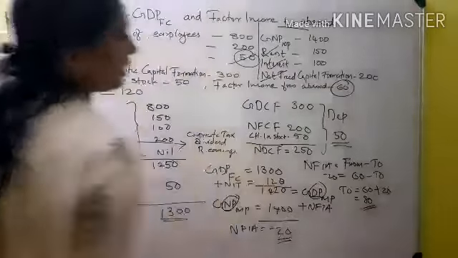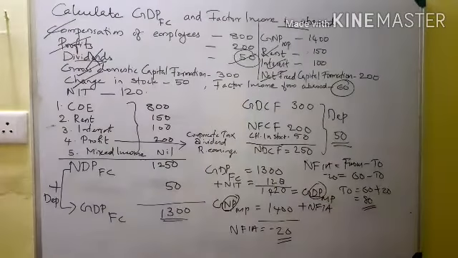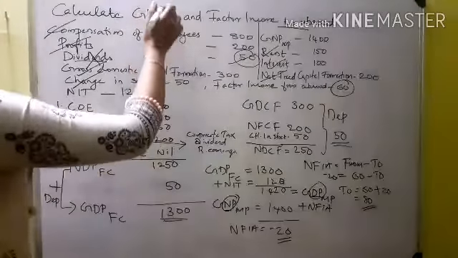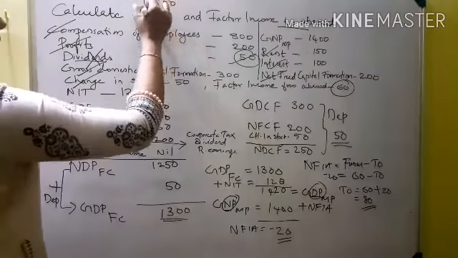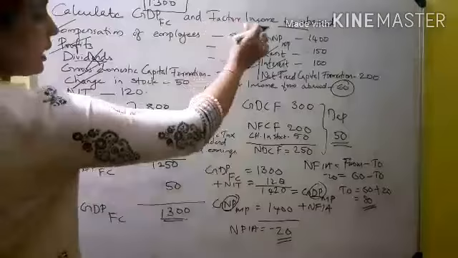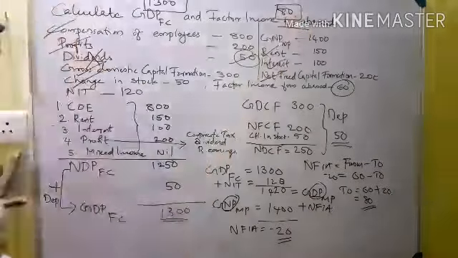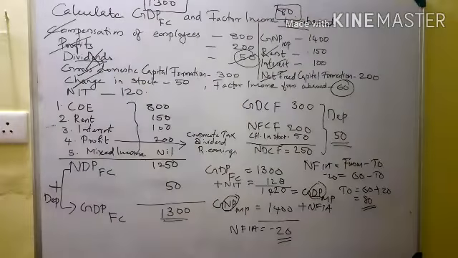So factor income to abroad is equal to 80. So GDP FC is 1300 and factor income to abroad is 80. I hope you understood this calculation.